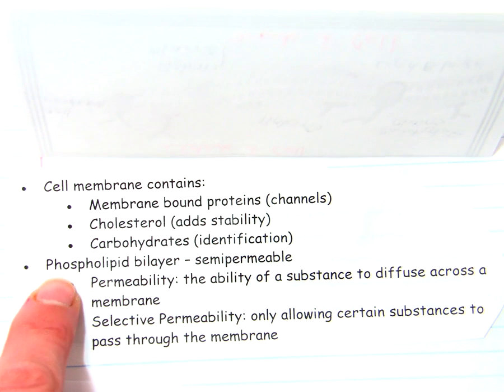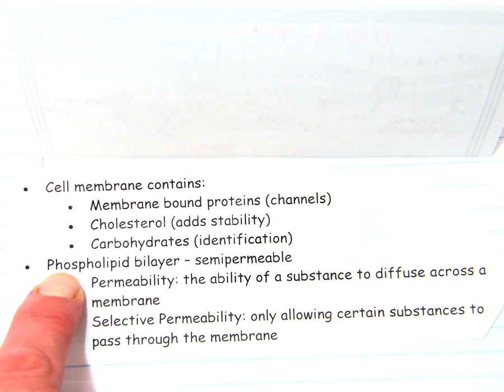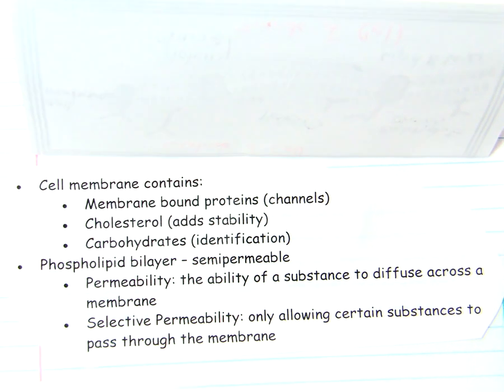Our cell membrane is also sometimes called the phospholipid bilayer. It's described as being semi-permeable. We have two definitions.